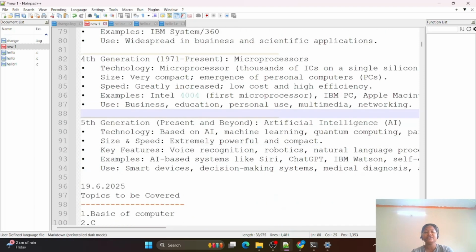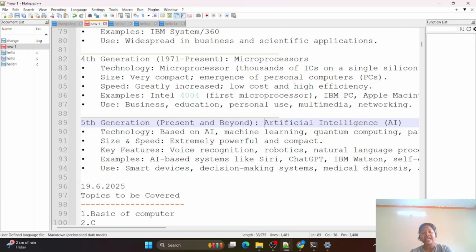Fifth generation computer is present and beyond, meaning future. Artificial intelligence, AI. Like now the world is almost crazy for this term, artificial intelligence. Technology is based on AI, machine learning, quantum computing, and size and speed are extremely powerful and compact. Key features like voice recognition, robotics, natural language processing, NLP as we call it, which is very famous.